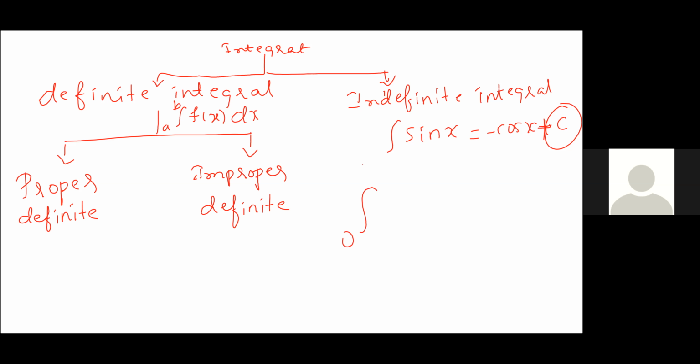Integral over 0 to 1 of x dx. Is it proper or improper? Definitely it is a proper definite integral, right? Now you tell me whether it is a proper or improper definite integral. Proper, I think so, sir.